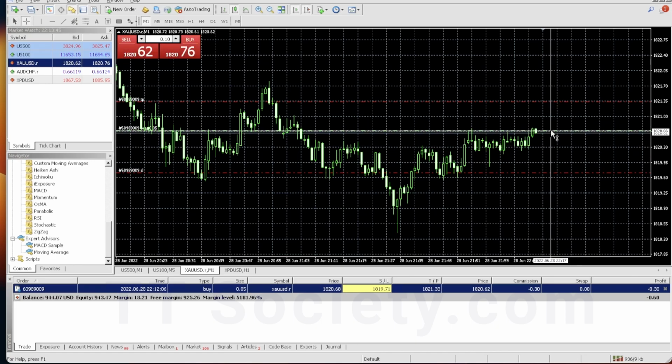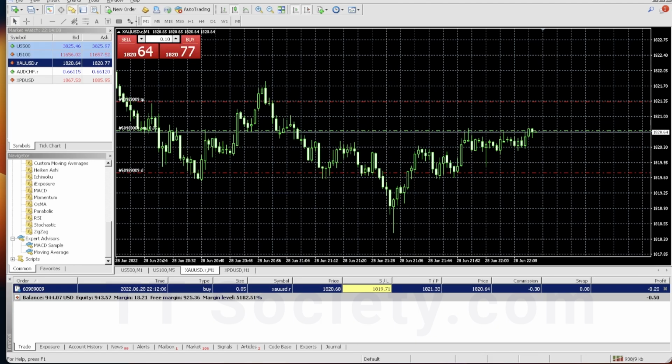So let's illustrate that. From our point of entry all the way down here, 300 points would be all the way down here. And that is because we are on a low time frame. We are on a 1 minute chart.